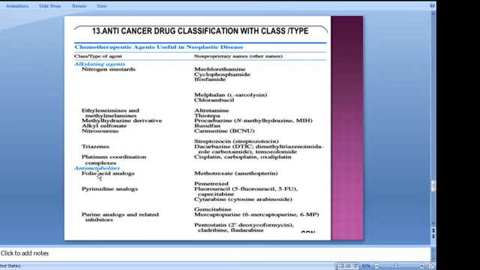Then platinum coordination compounds like cisplatin and carboplatin. Then antimetabolites: folic acid analogs like methotrexate, pyrimidine derivatives like 5-fluorouracil, cytarabine, and pemetrexed. Then purine analogs like mercaptopurine and pentostatin.